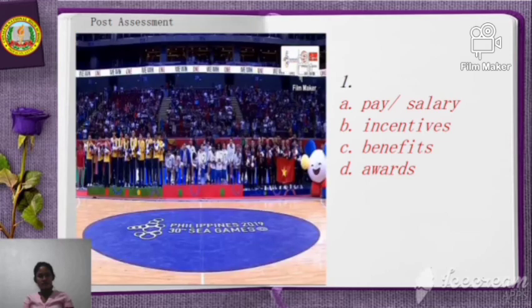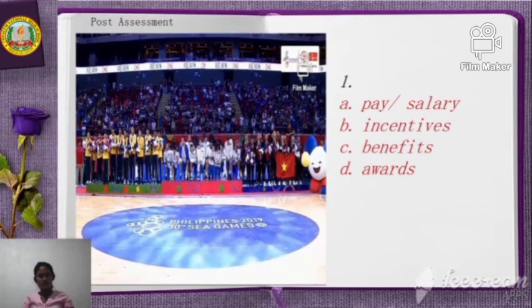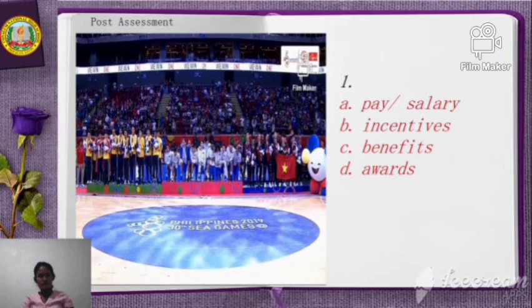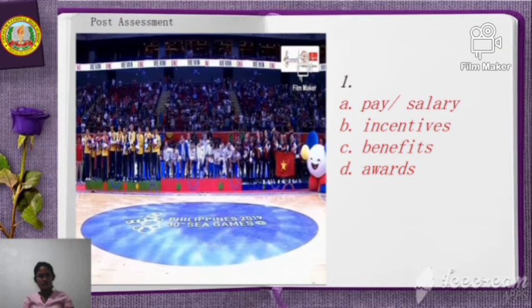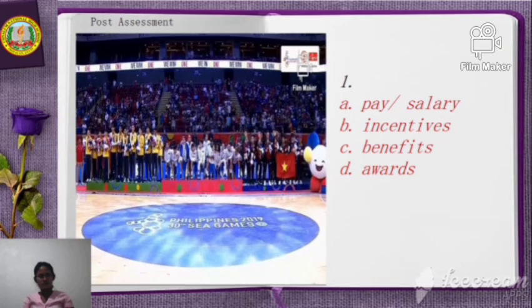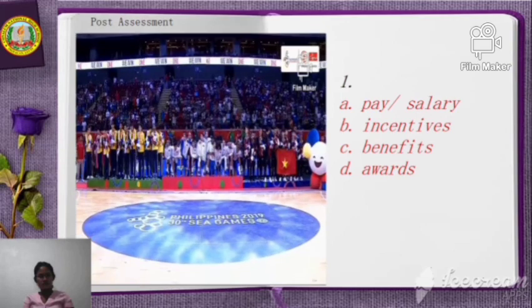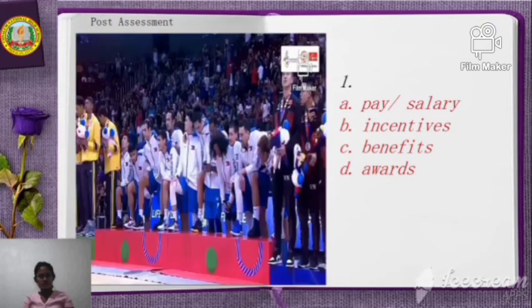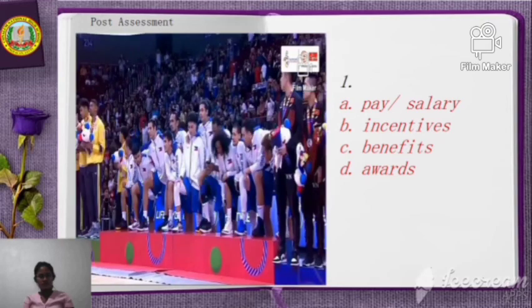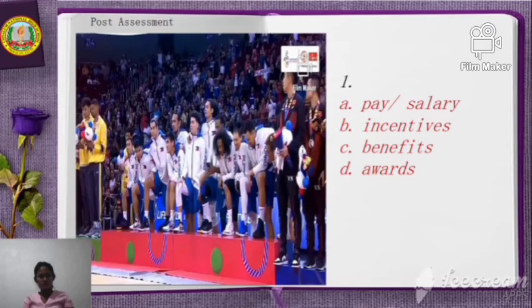Winner of the gold medal and the 30th Southeast Asian Games champion for the basketball competition men's division, Republica ng Pilipinas.